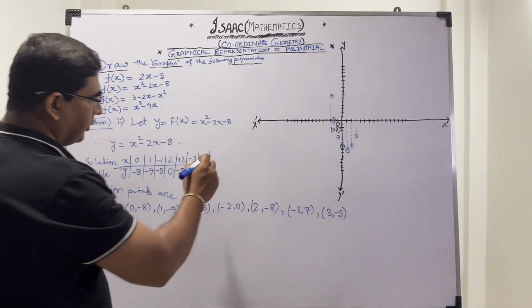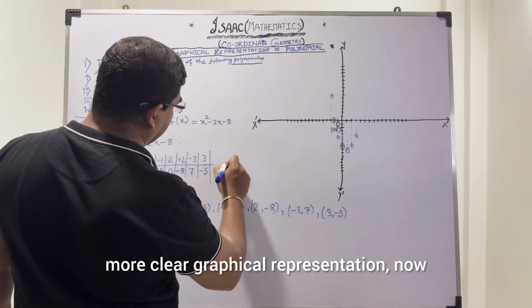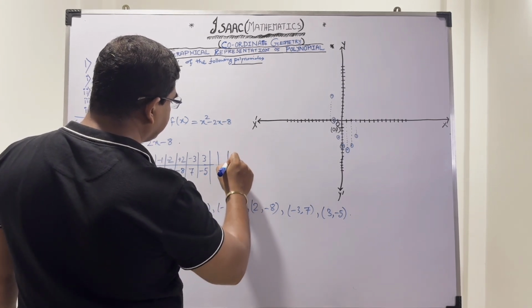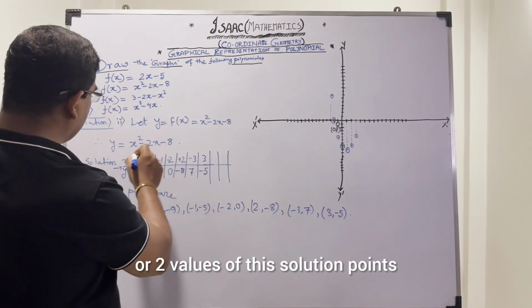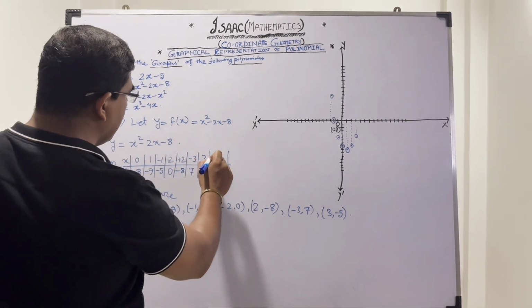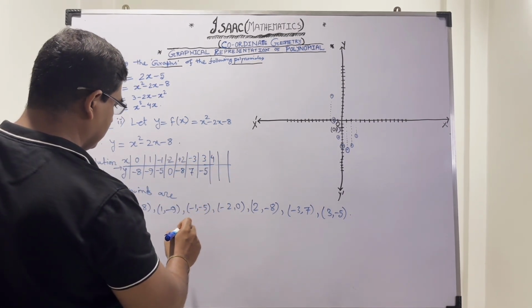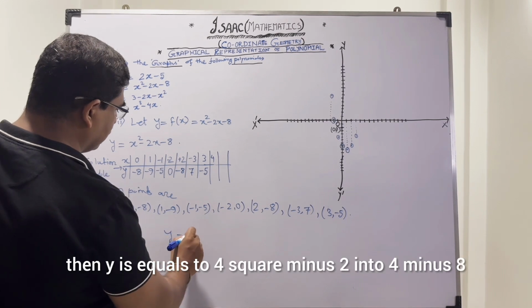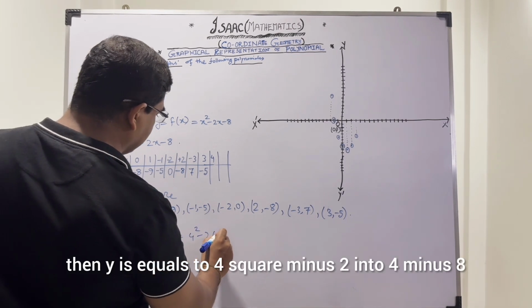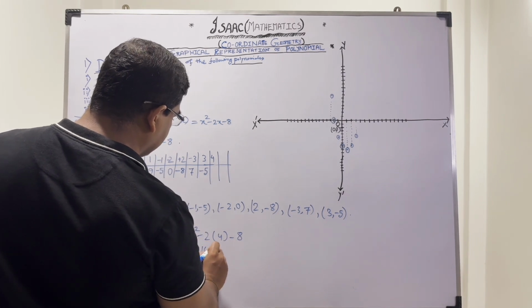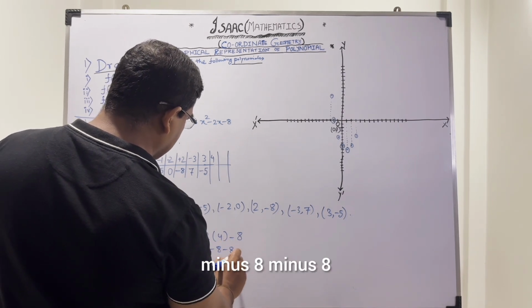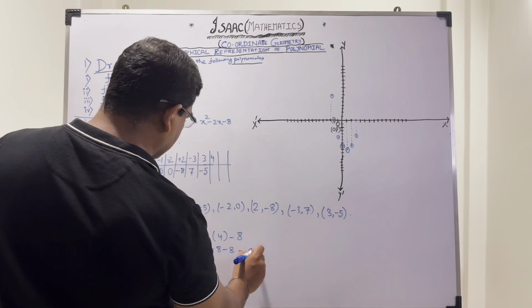For our more clear graphical representation, now we choose another one or two values of these solution points. When x is 4, then y is equals to 4 square minus 2 into 4 minus 8. This will give 16 minus 8 minus 8, that is 0.